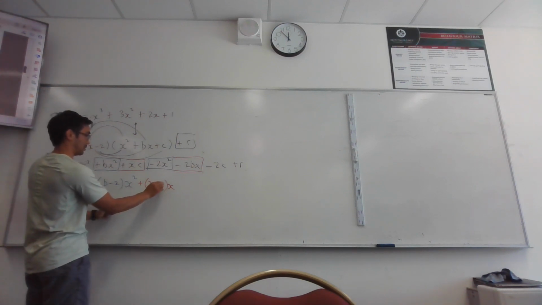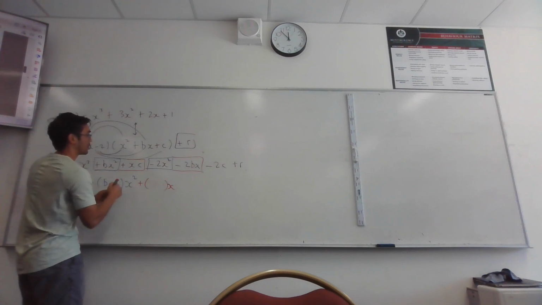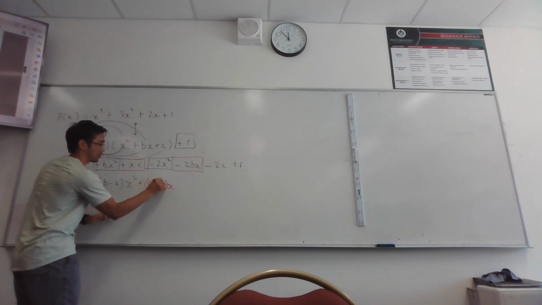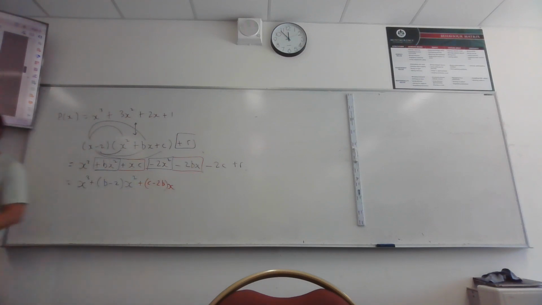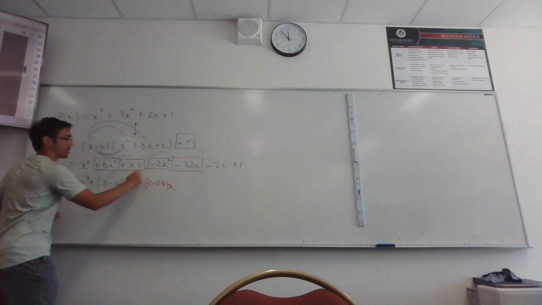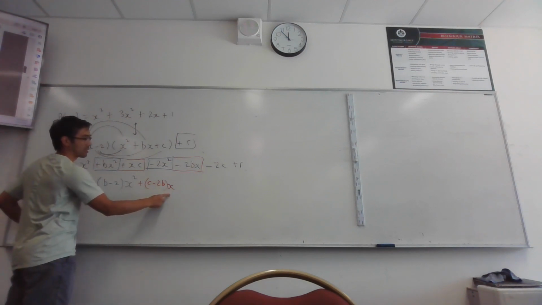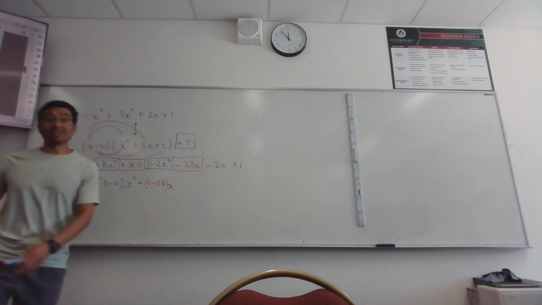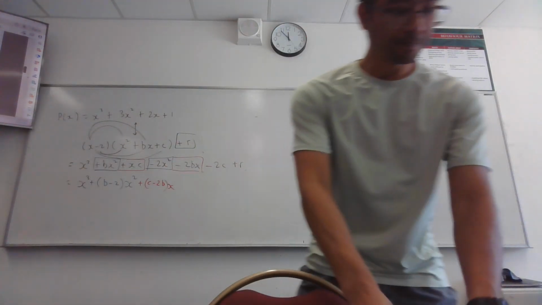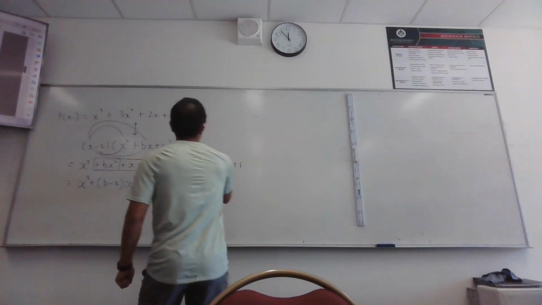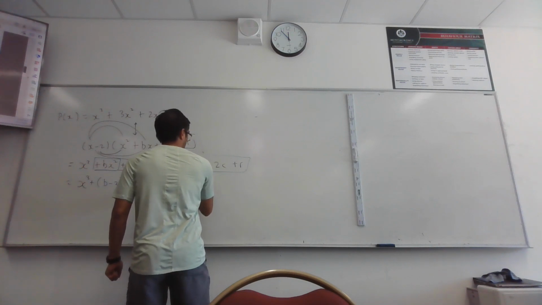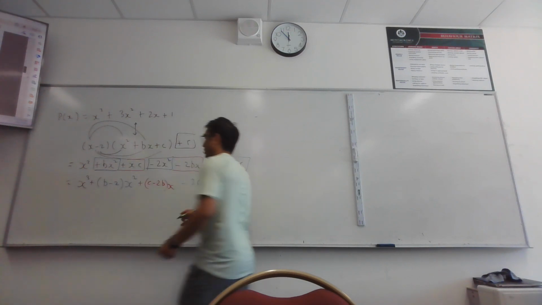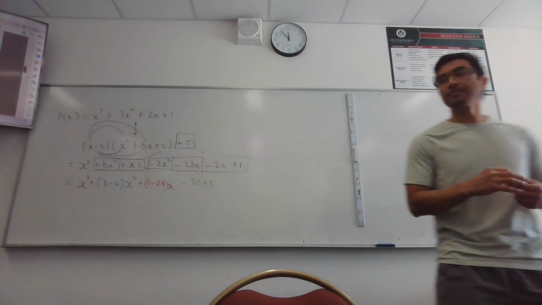It should be c take away 2b. Was that what you guys had? Sorry, my mistake. A c and an x make an xc. A negative 2bx makes a negative 2bx. Negative 2c and r are the leftovers of the group, so we just latch that on at the end.